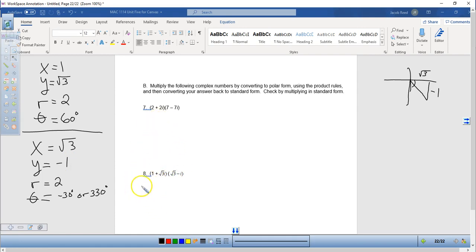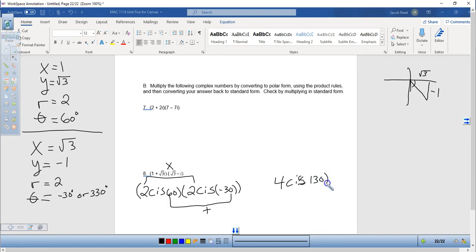Very easy to do, simple angle to work with instead of going all the way around the circle and then doing reference angle 30. So doing the conversion here, we've got 2 cosine i sine of 60. And then I have 2 cosine i sine of negative 30. So multiply, add, we get 4 cosine i sine of 30.